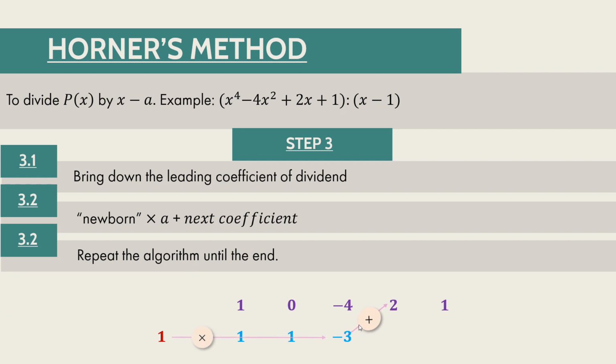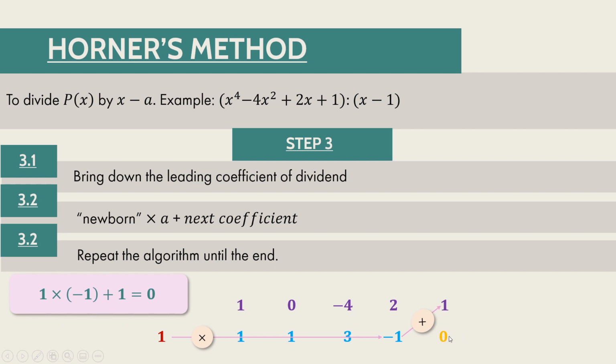We continue the process: 1 times negative 3 plus 2 equals negative 1. So negative 1 is the newborn. We multiply that by a, which is 1, plus 1: 1 times negative 1 plus 1 is 0.